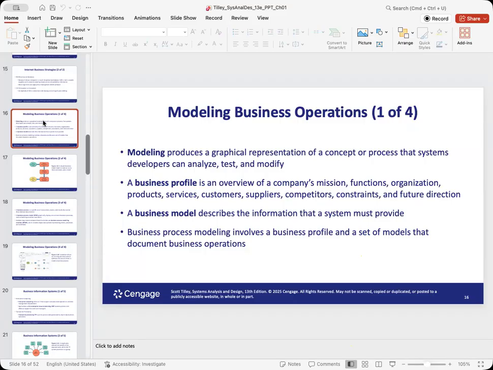Okay. I'm saying that we have modeling business operations. And then under it, we have modeling. And I said that modeling is when you represent a graph, or a design, or a diagram of a process, let's say a software that you want to build. Because whenever you want to build a software, you don't just, as Doc said earlier, get up and build a software.